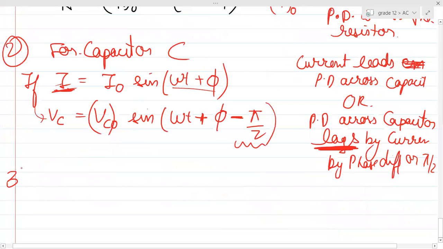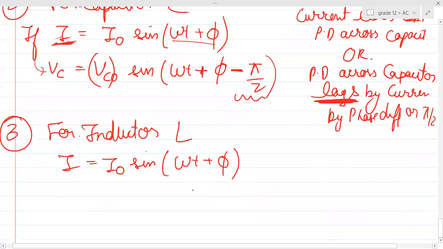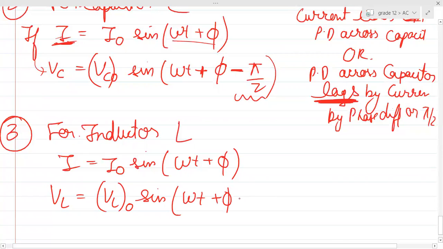Similarly, for inductor L, if the current again is the same, then can anyone tell me what will be the equation for VL? VL naught into sin(omega t plus phi plus pi by 2). Why?